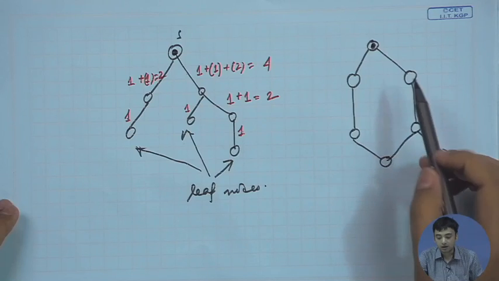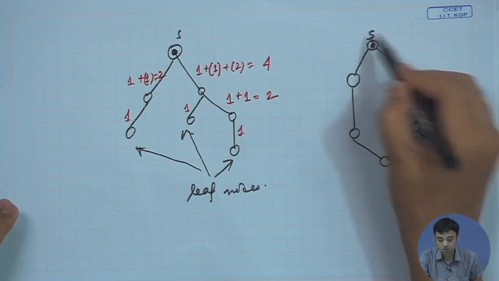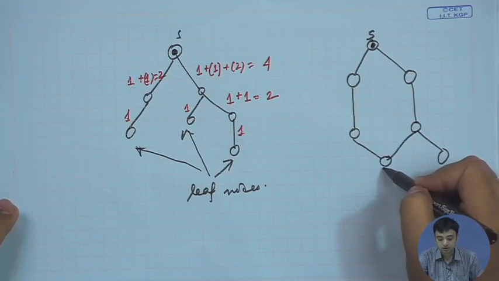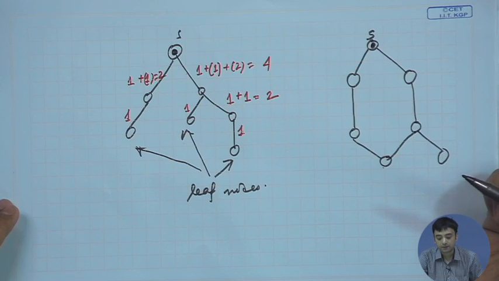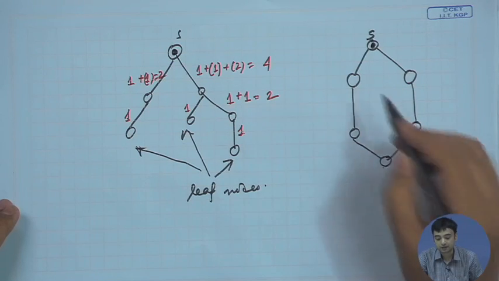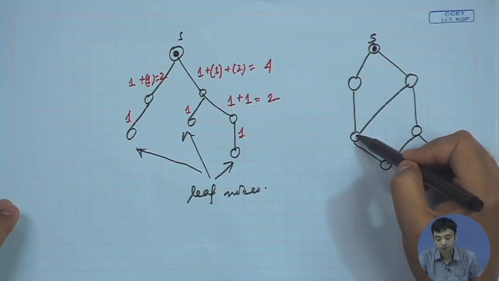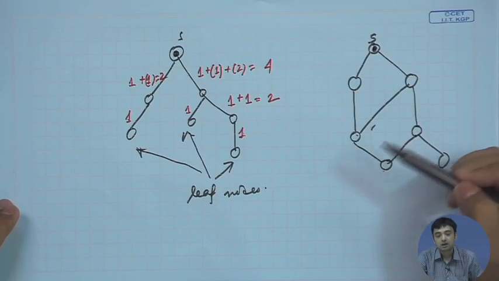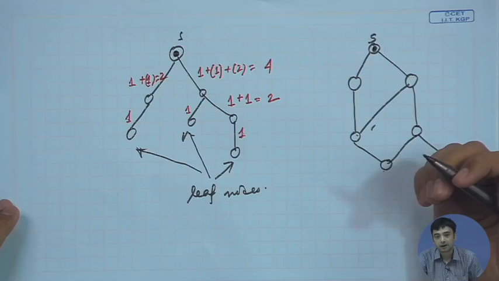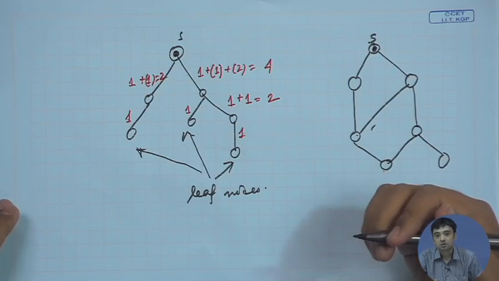Now there are at least two shortest paths from S to this particular node, and also to this node you have two shortest paths. Therefore, you have to identify a mechanism to estimate the proportional path counts, or the proportional edge betweenness contribution of each individual edge in this generalized setting.